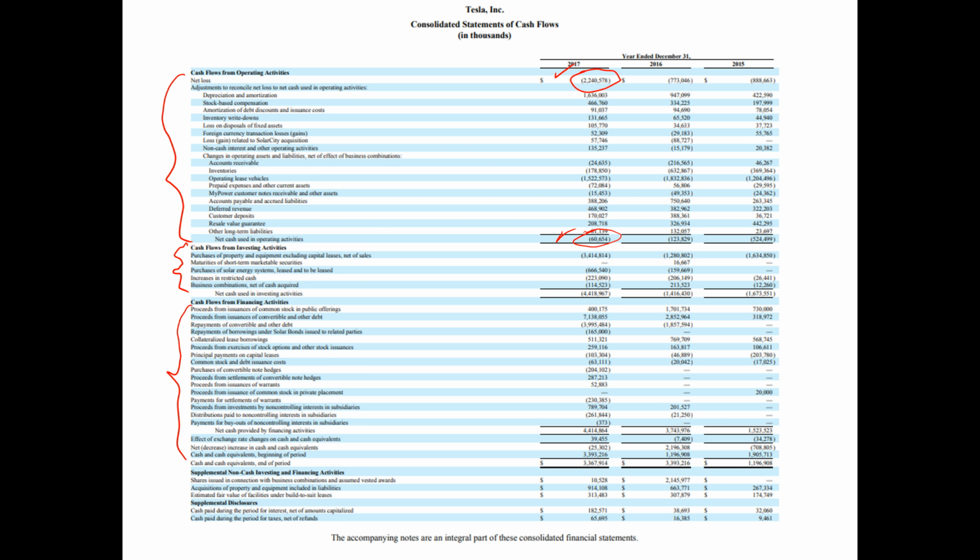The biggest difference has to do with a non-cash expense called depreciation. Let's say this year in their operating activities, they sell a bunch of cars. They produce the cars in plants and they're using up those assets. They've got equipment, they've got a building, and that building is deteriorating a little bit.